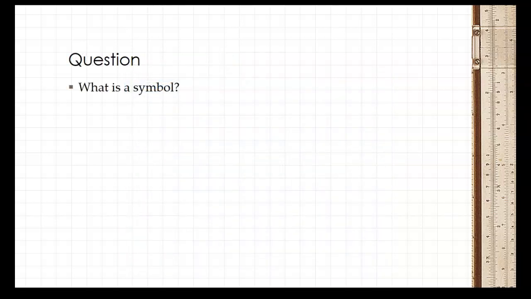So here's another question for you. What is a symbol? Because when we do blueprints, we do not write everything out. We don't want everything spelled out because we might as well have just built it ourselves at that point, right?